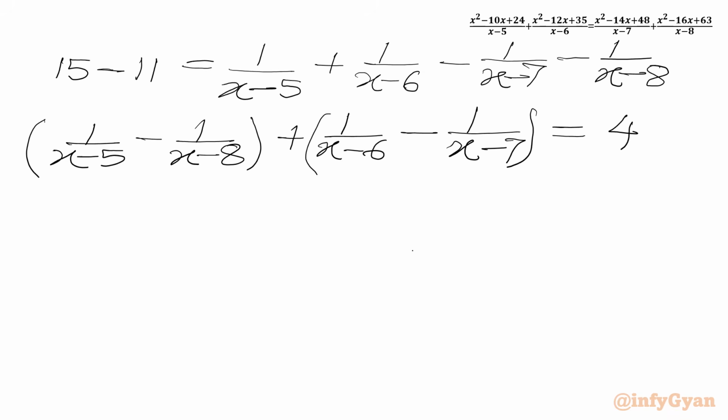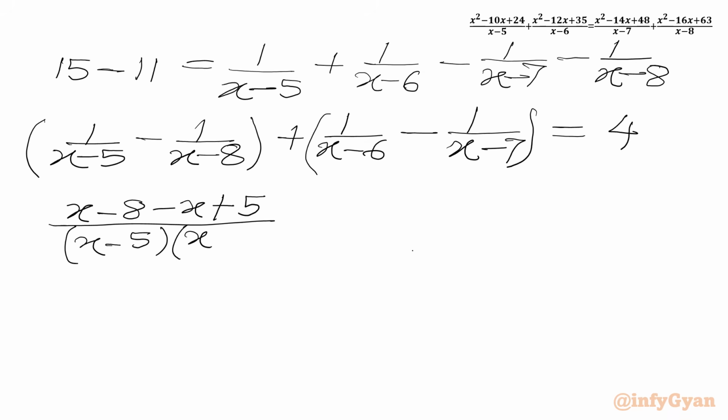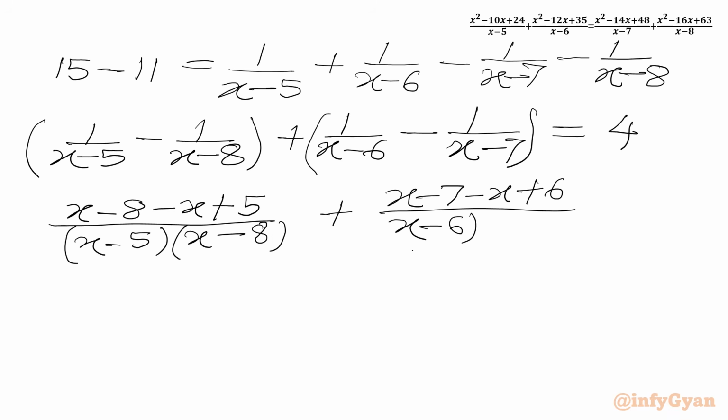So I can write here x minus 8 minus of x minus 5, which will be minus x plus 5 over x minus 5 times x minus 8, plus x minus 7 minus of x minus 6, which is minus x plus 6 over x minus 6 times x minus 7 equal to 4.